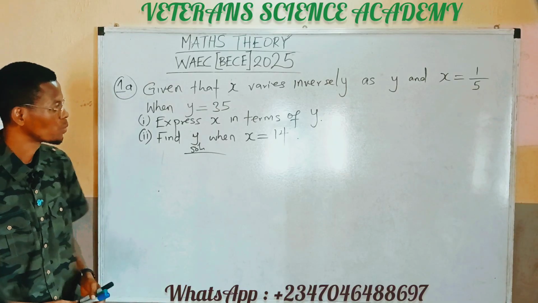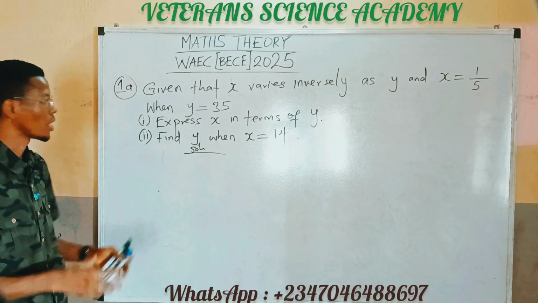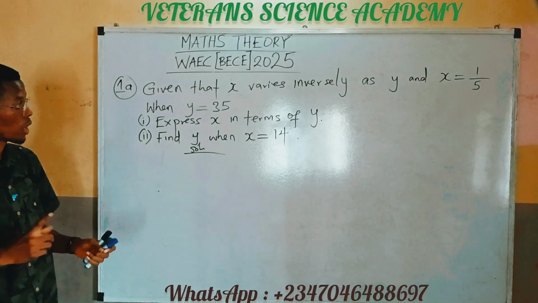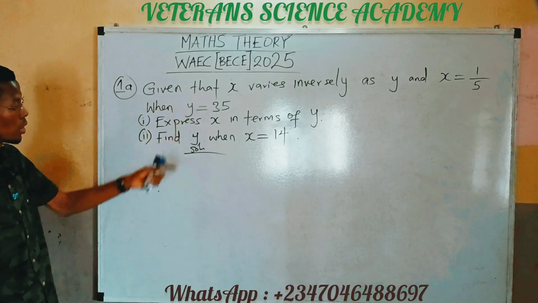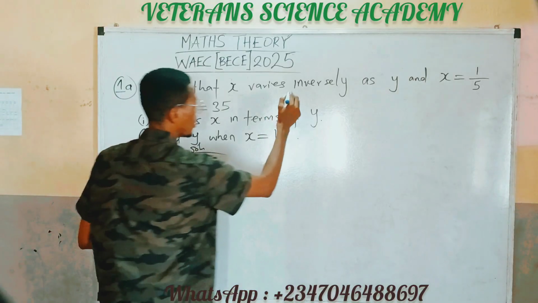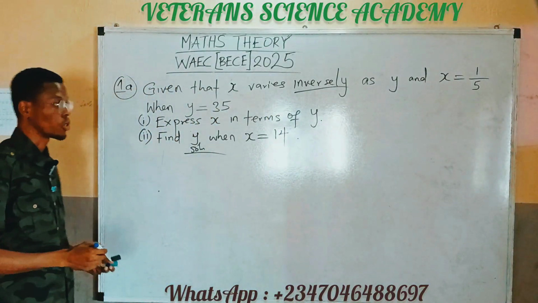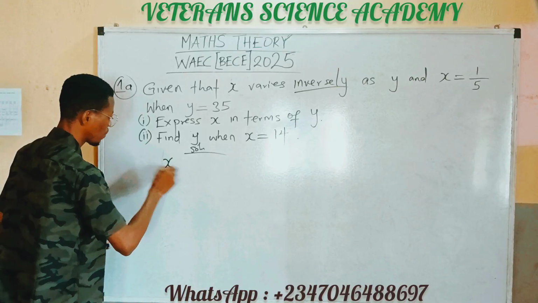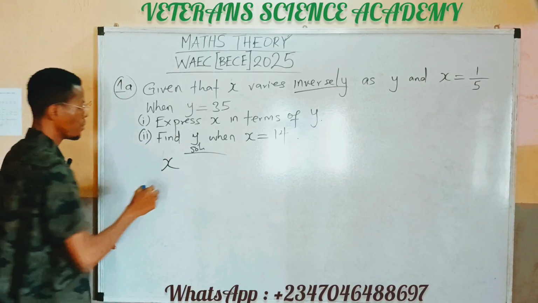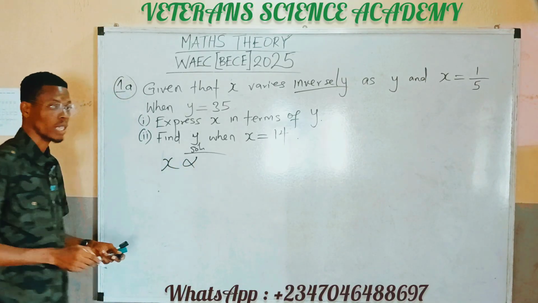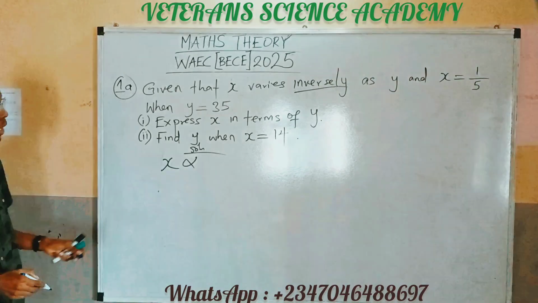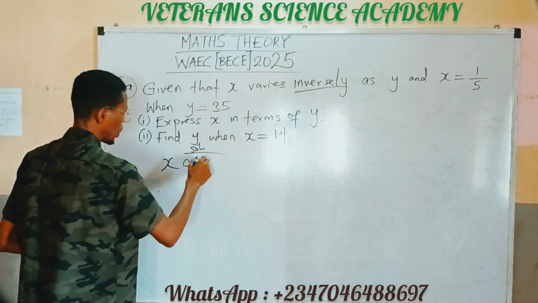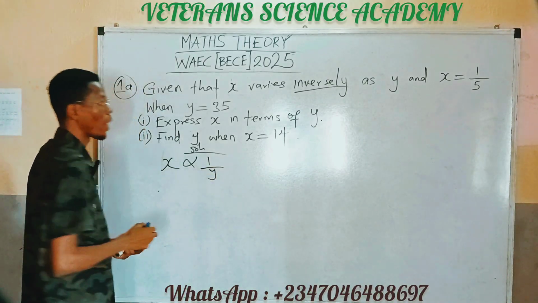Now what do we do? Very quickly, this is variation, right? And in variation, what variation are we talking about here? Inverse variation. We're told that x varies inversely as y, which is 1 over y.